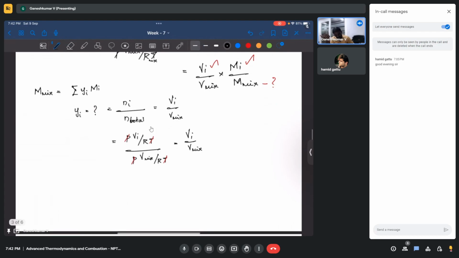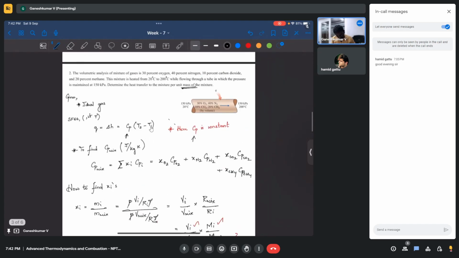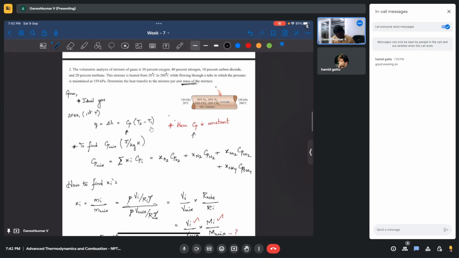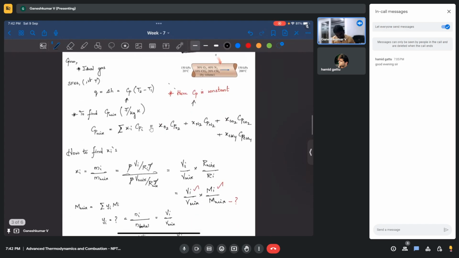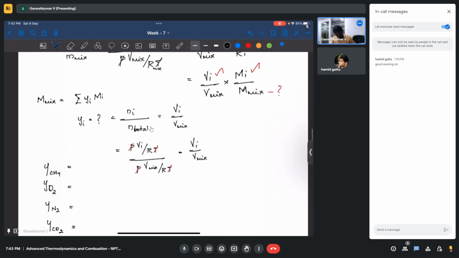If that is the case, then the yi's are going to be easier. It's already given in terms of percent. So you can write YO2, YN2, YCO2 and YCH4: 30, 40, 10 and 20.